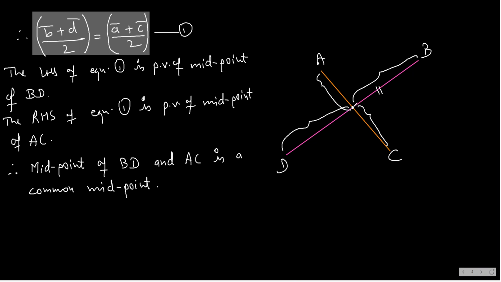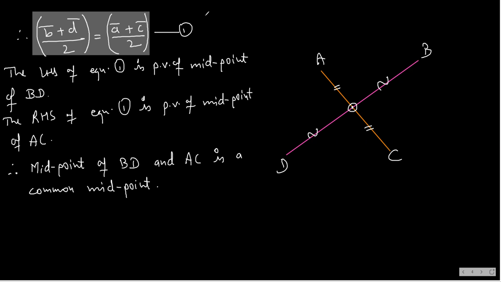When one single point is the midpoint of both the segments, what does that mean? It means that these two segments are bisecting each other. Because of this point, AC is divided into two equal halves and BD is also divided into two equal halves.